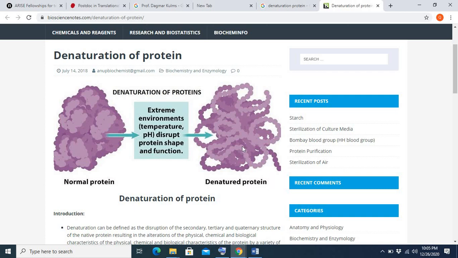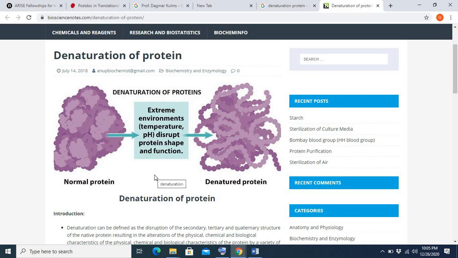This phenomenon is not exhibited by carbohydrate and lipid. And if we lower the concentration of the salt, the temperature, and the pH, then protein will go back to this quaternary structure. This phenomenon is called renaturation of the protein.